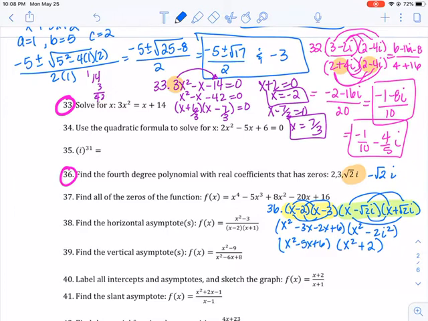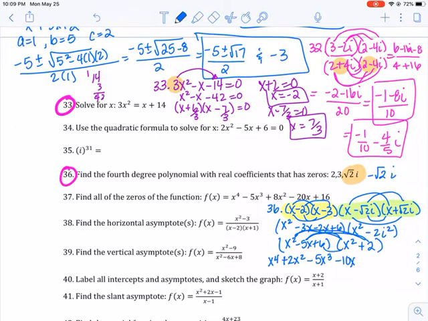So we're going to distribute. x squared times x squared is x to the fourth. x squared times 2 is 2x squared. Negative 5x times x squared is negative 5x to the third. Negative 5x times 2 is negative 10x.